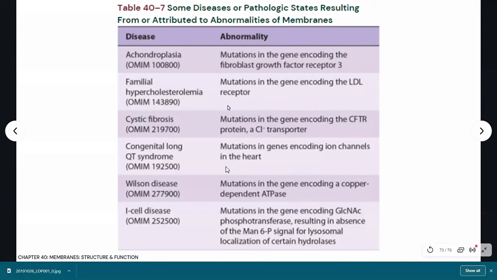You get it? Now? So all are mutations. All are mutations. And as mutations, mutations are not common. Okay, so familial.